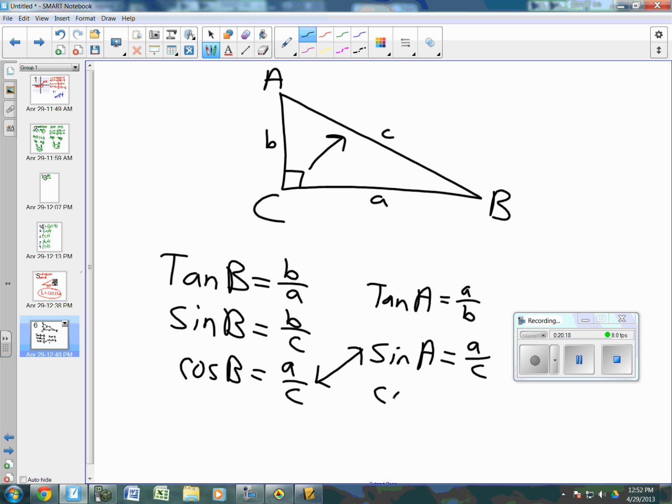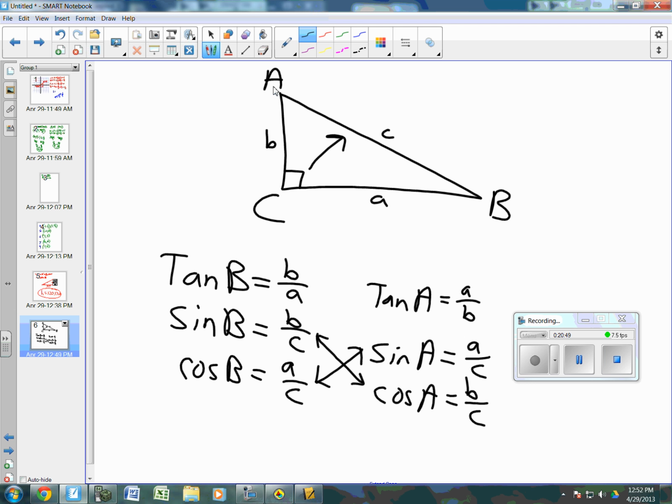What is the cosine of A? Cosine of A is adjacent to A, which is b, over the hypotenuse c. And notice that the sine of B and the cosine of A are the same, right? The sine of B and the cosine of A are going to be equal. So sine and cosine will give you the opposite if you go to the opposite angles.